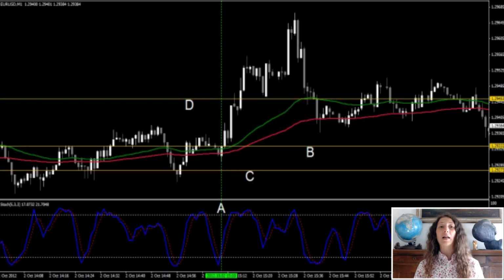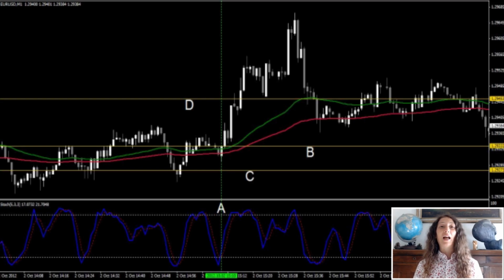That is exactly 2 pips below the last swing low point, horizontal line C. Then, a take profit target of 12 pips above the entry was set at 1.29453, horizontal line D. As you can see, the profit target was hit 4 minutes later.